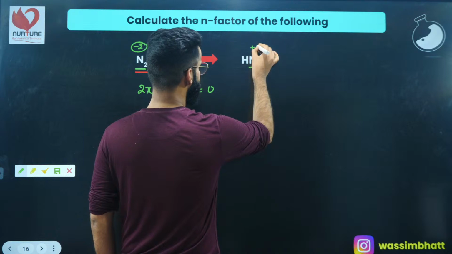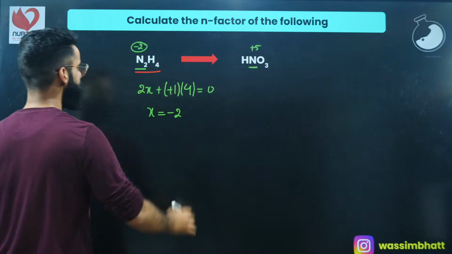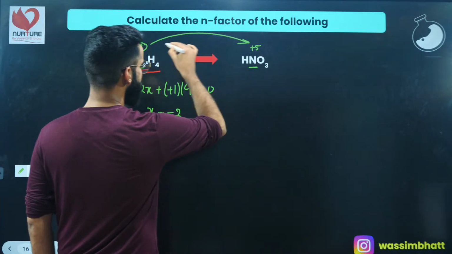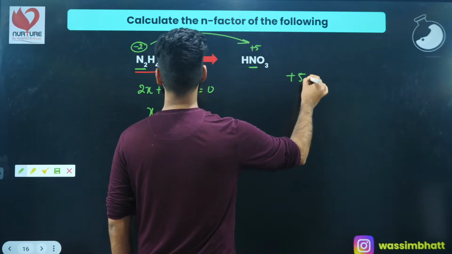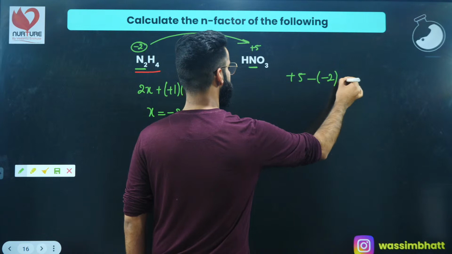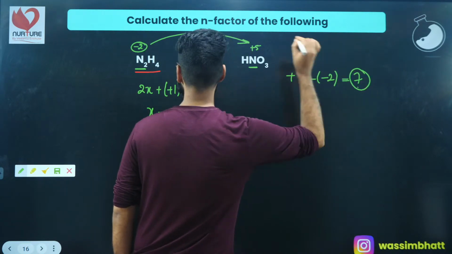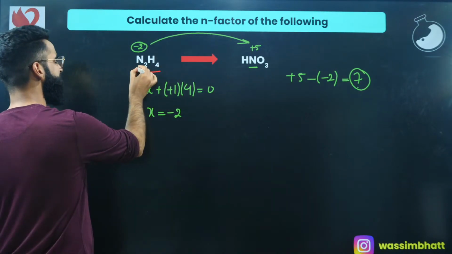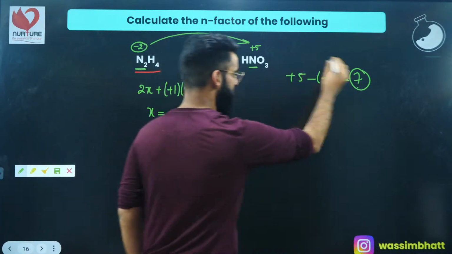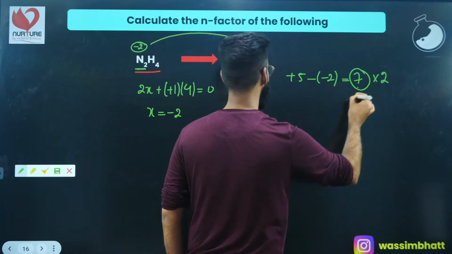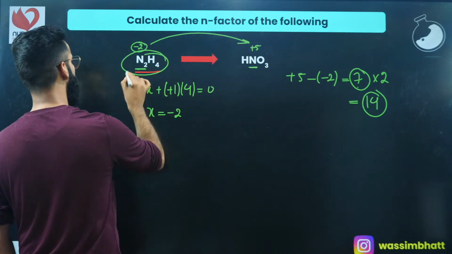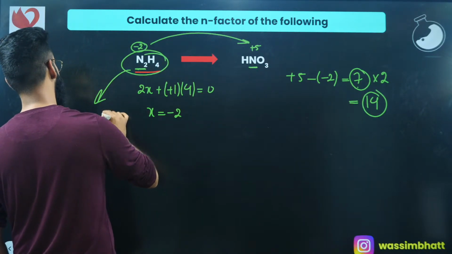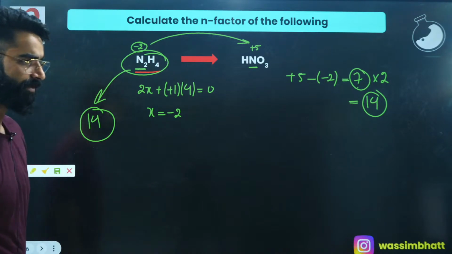It's going to be plus 5 when you solve it. So minus 2 to plus 5, calculate the change. Final oxidation state minus initial oxidation state, the value comes out to be 7. 7 is the change in the oxidation state for one atom of nitrogen, but currently I have 2 atoms of nitrogen. So 7 multiplied by 2 comes out to be 14. So the N factor of this N2H4 in this reaction is 14, right? Yes.